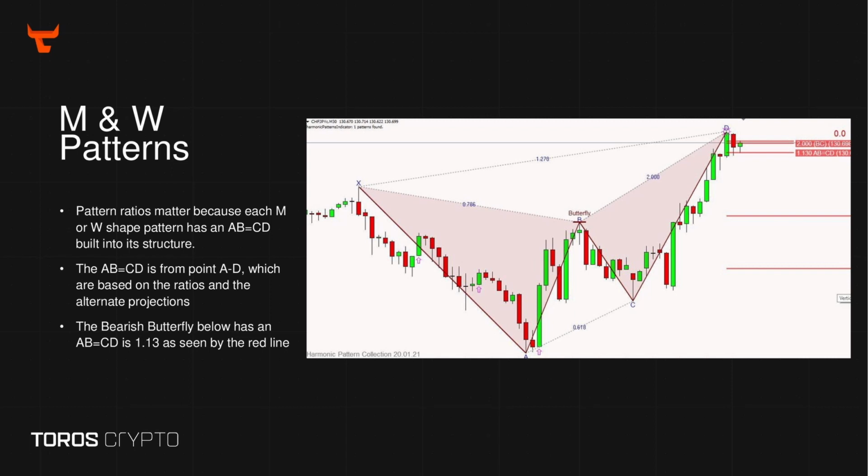So in bearish shapes, your C point will always be above A, and it will always be below A for bullish patterns. And then you come up into the D leg, and the B point and this D point have specific ratios and alignments that need to take place in order to make the pattern valid. And so that's what we're going to talk about now.